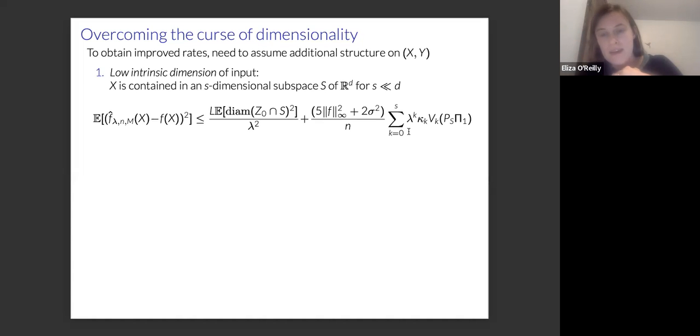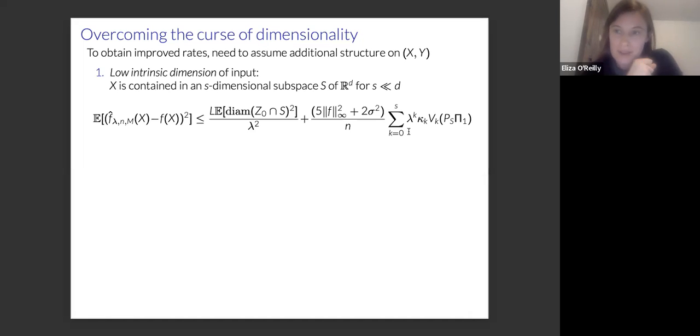So immediately we can get rates that are minimax optimal for functions on R^S, because we basically have the order for the variance and the bias that is needed.